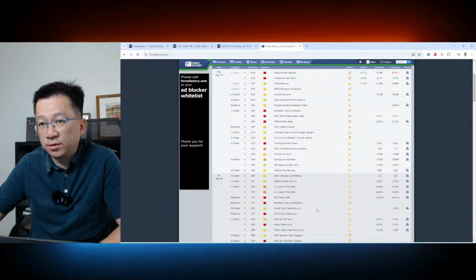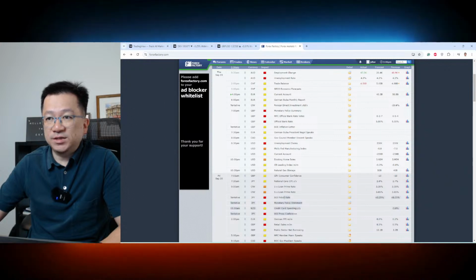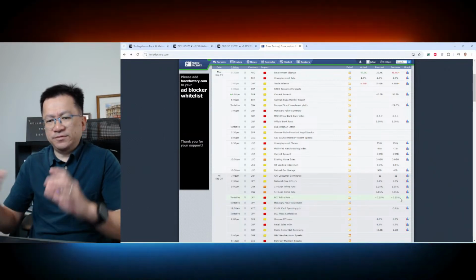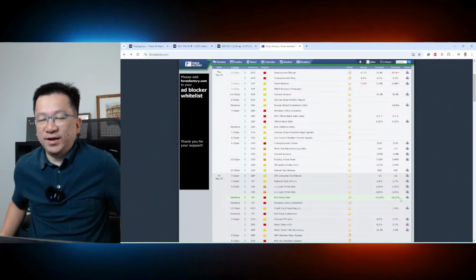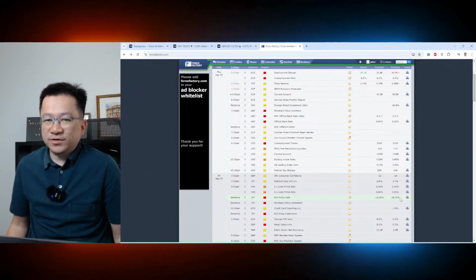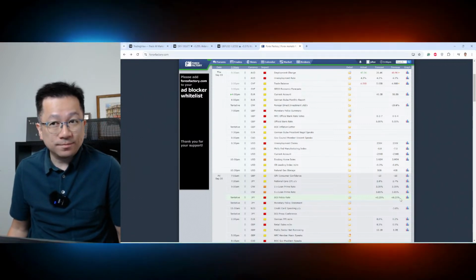Through to tomorrow, we have the BOJ with their rates decision. Based on a few chats we've had with members, we kind of have a consensus that we might see the BOJ disappoint.